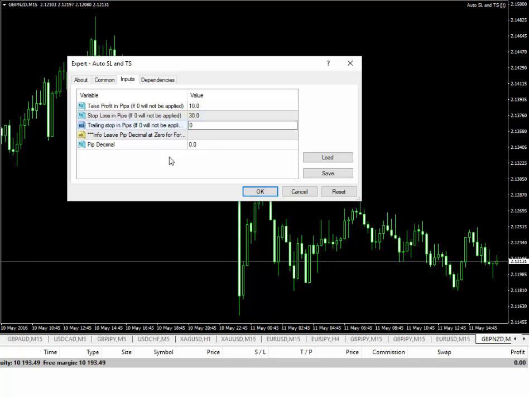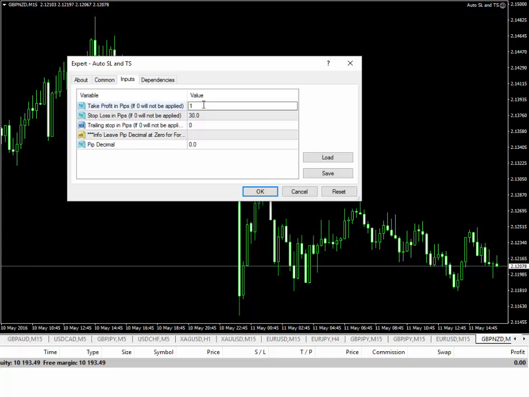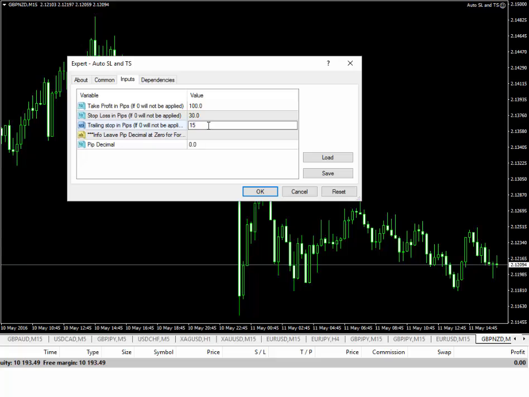Now supposing you think 10 pips is not enough and the trades can go even further, the second way of doing it is to put your take profit level at 100 pips, with a 30 pips stop, and the trailing stop to start at say about 10 or 15 pips. So when the profit goes to 15 pips, the trailing stop will start and follow you after 15 pips profit.